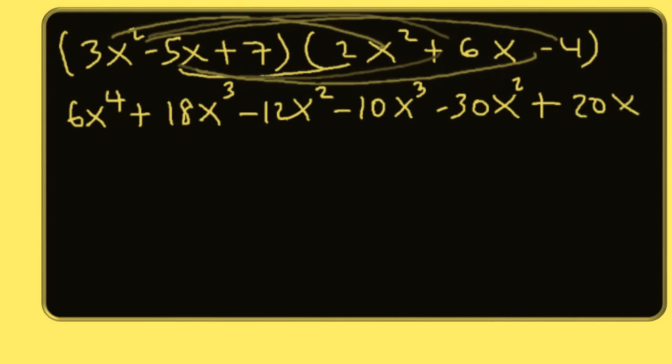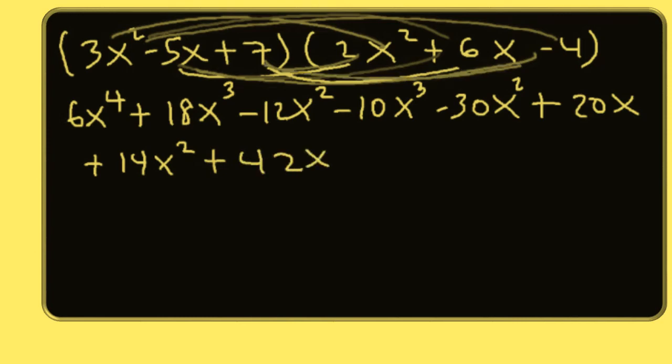Negative 5x times negative 4 is 20x, and then 7 times 2x squared is 14x squared, and then 7 times 6x is positive 42x, and finally 7 times negative 4 is negative 28. So I am just going to take a minute and double check everything to make sure I didn't miss anything. So I believe everything is correct up to this point.